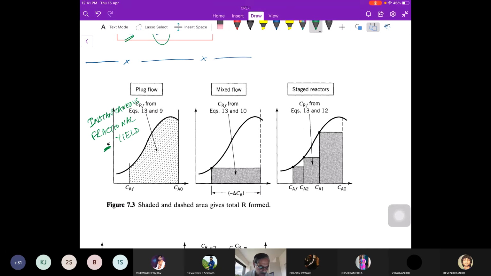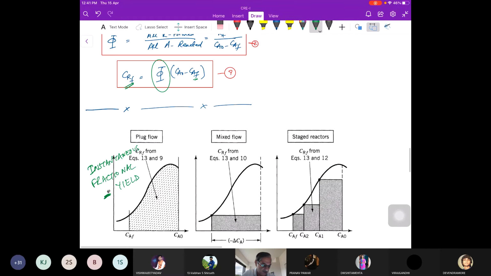So for the plug flow reactor, the curve is given by equations 13 and 9. Let's see what equation 13 and 9 are. Yes, this is what is given here. This is 13.